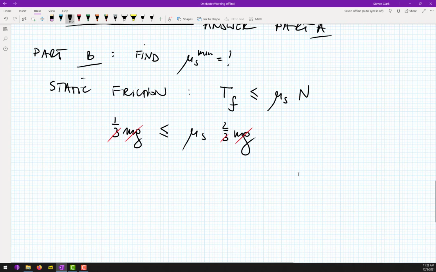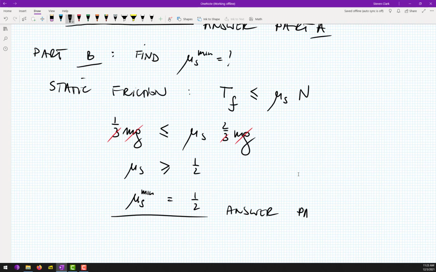So you guys can see that our mu s is larger equal 1/2. So the minimum value will be obtained at the edge of that set. Yes, so our mu s min is equal to 1/2, and this is the answer to part B, of course. Sorry.